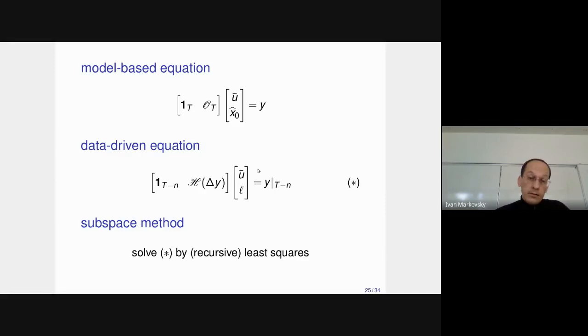Yeah, it's a very good question again. If we work with the given model, and that's the equation here on the top, then we have exact knowledge of the matrix on the left and noisy y. So assuming the noise is zero mean white Gaussian, we have a standard regression problem. We have the standard results for the uncertainty of the parameters. That's the easy case.